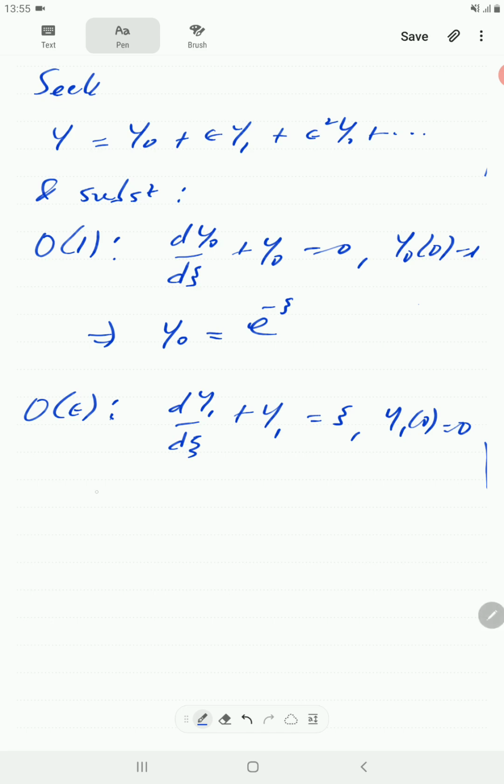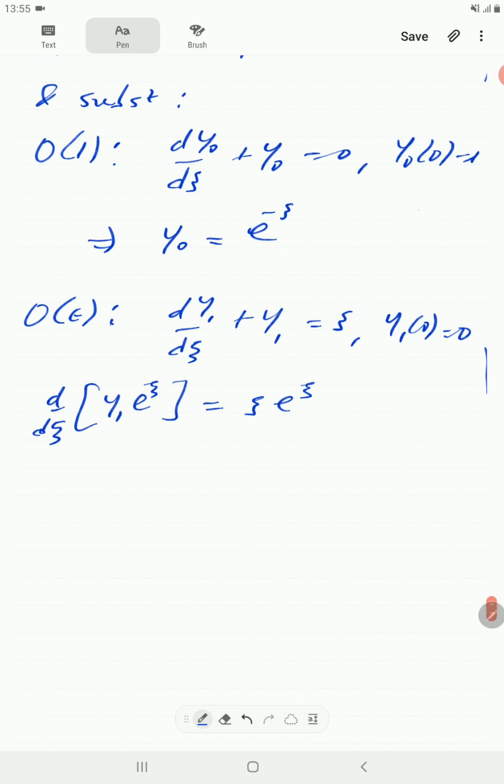So here, if we integrate this using integrating factor, so multiply both sides by e to the xi. And then if we integrate, the left hand side is going to be y1 e to the xi. This right hand side is going to be (xi minus 1) e to the xi, and then there is going to be a constant, let's call it k.